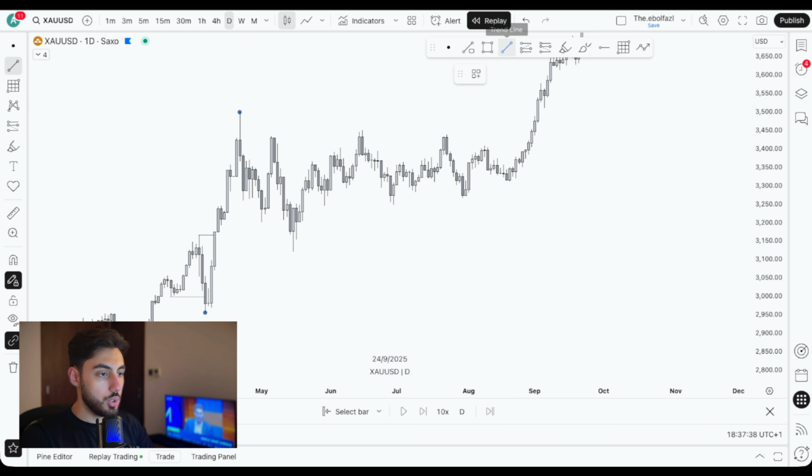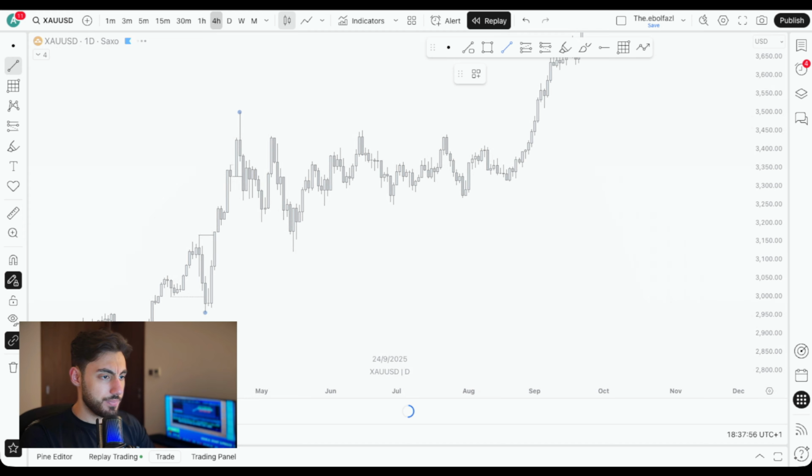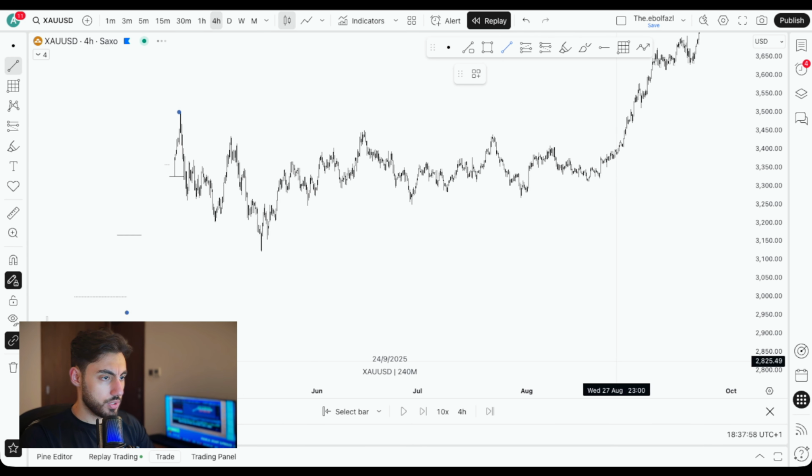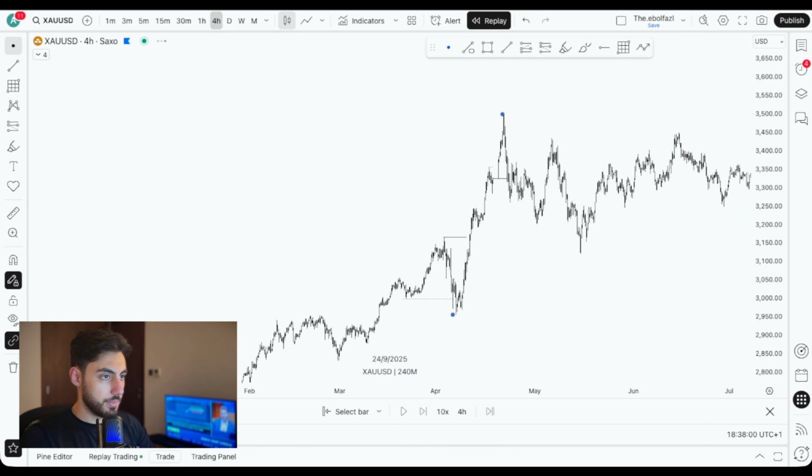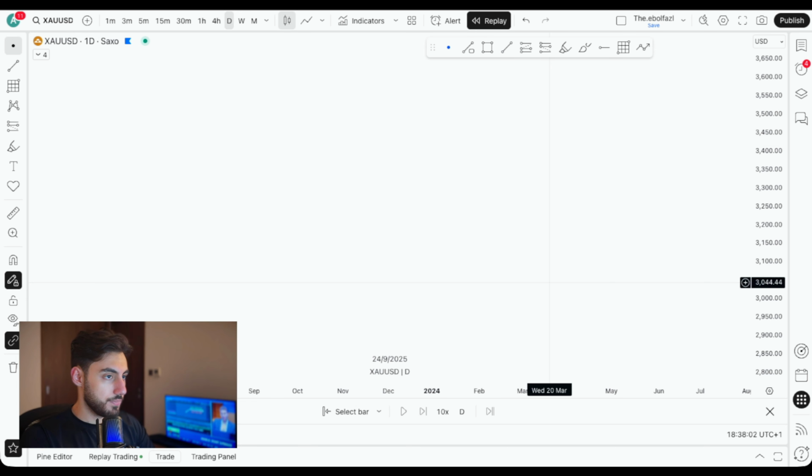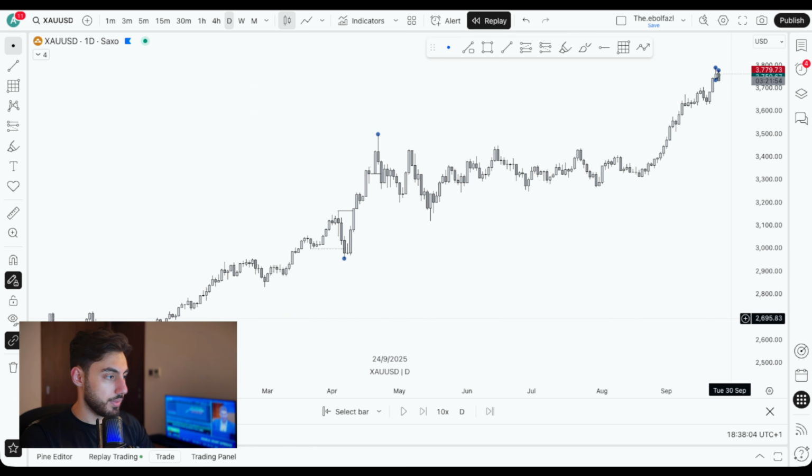Okay. And what you can see here is, this you can take as a QM, stop hunt and a break of market structure. Stop hunt to the upside and break of market structure. Take a look. Basically, there's no T1 here. You should drop down to the lower time frame. But yeah, there is an internal point here in the 4-hour time frame.